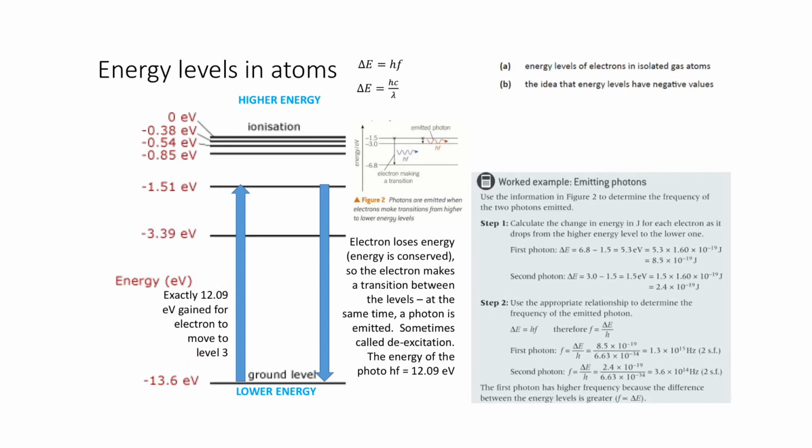Now there's an equation, E equals hf, or written differently, hc over lambda, because f equals c over lambda. So E, or delta E, is our change in energy, h is Planck's constant, f is our frequency, c is the speed of light, and lambda is our wavelength.